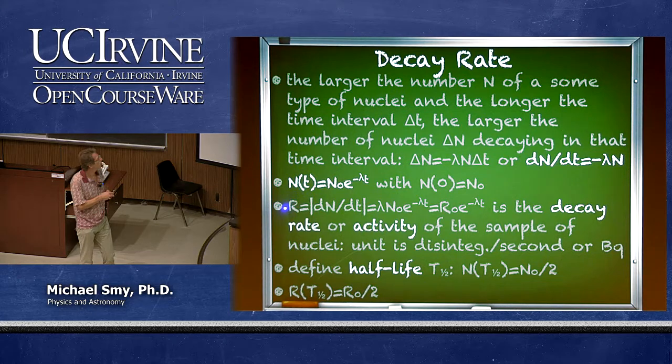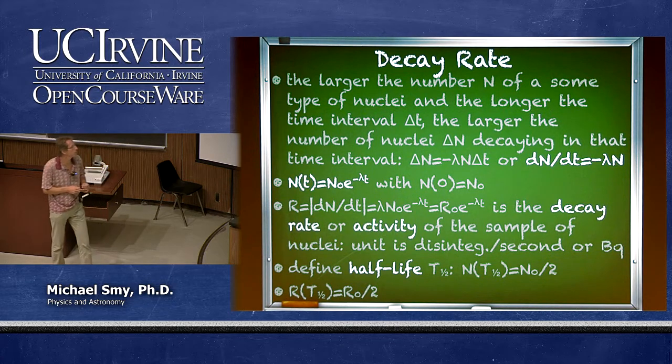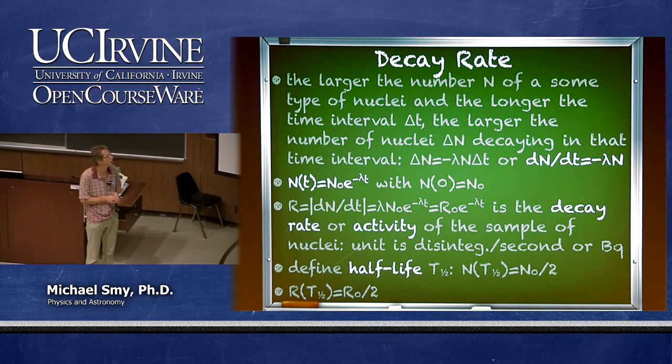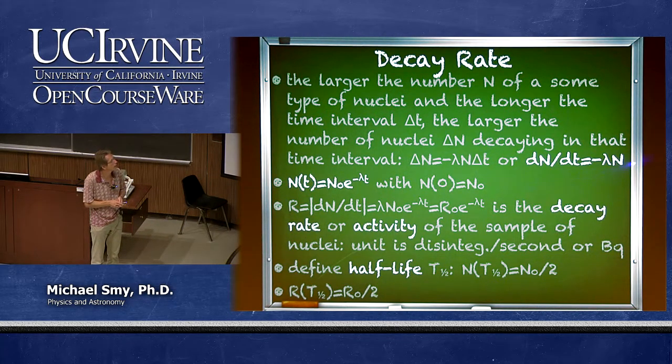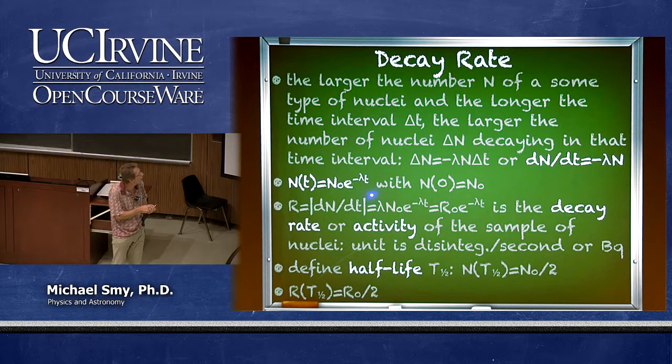Then if we look at the rate of the actual dN over dt, that is the rate of decaying nuclei, and just from looking at this equation, this is simply minus lambda times the number of nuclei. And we don't want the minus sign, so we just get rid of the minus sign. And we just multiply N of t with the decay constant lambda.